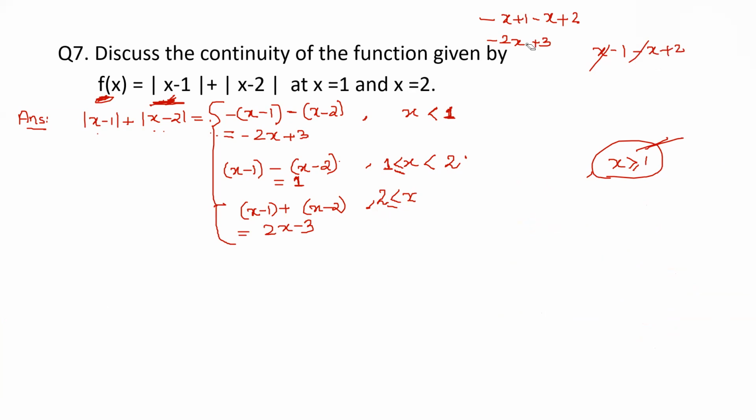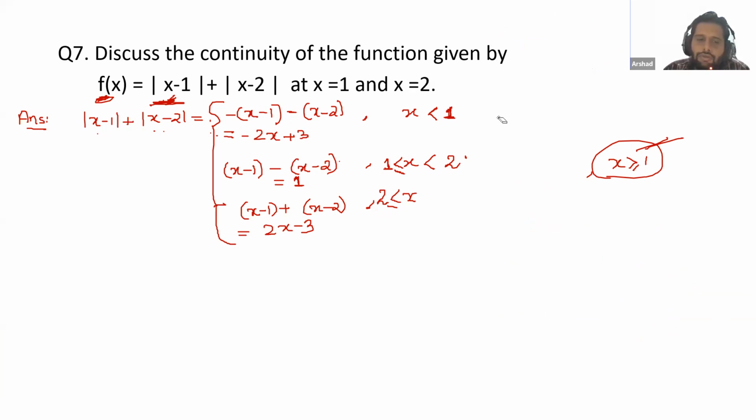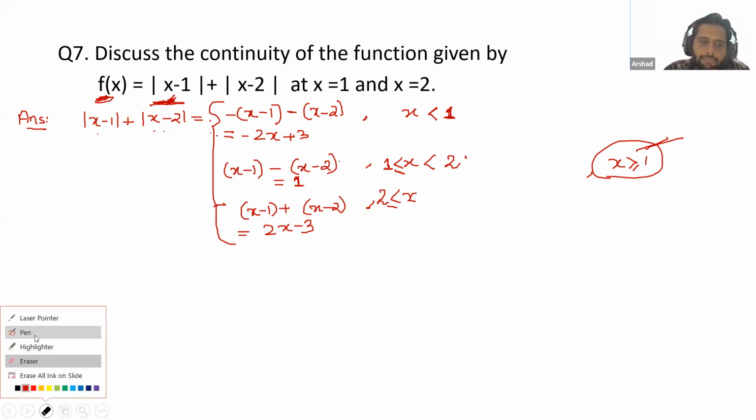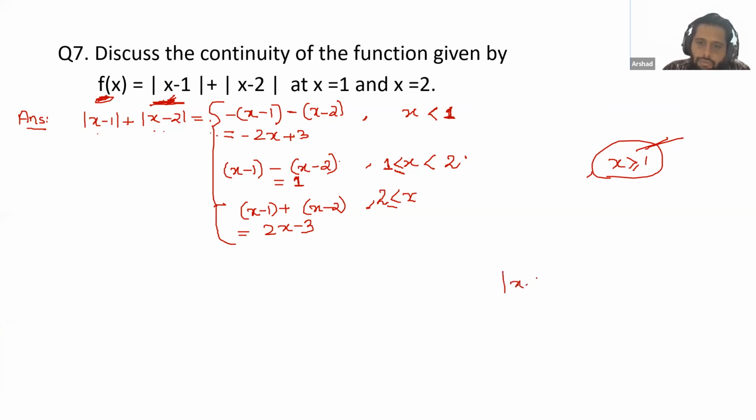For x greater than or equal to 2, let us check the definition of mod of x minus 1. Mod of x minus 1 is what? If x is greater than or equal to 1, it is positive. If your number is greater than or equal to 2, then definitely it will be greater than 1.